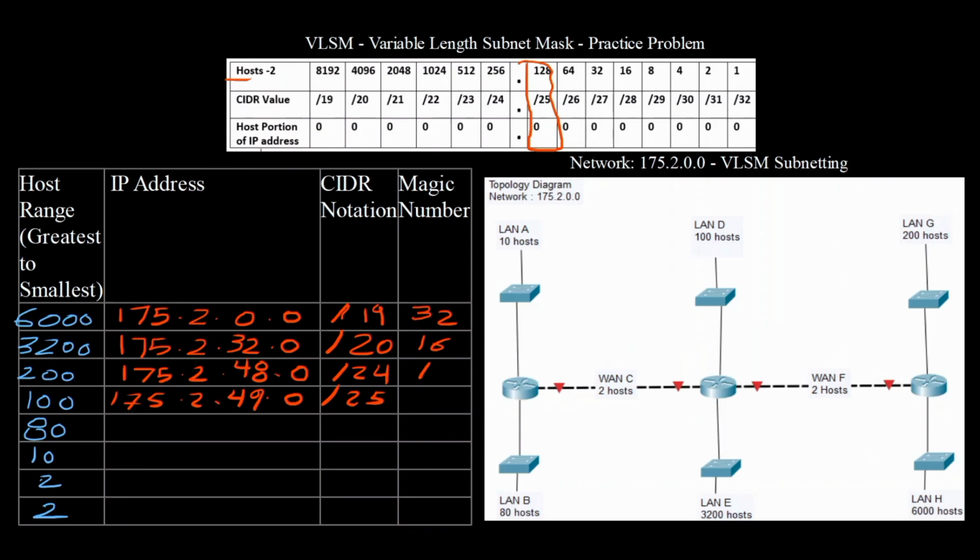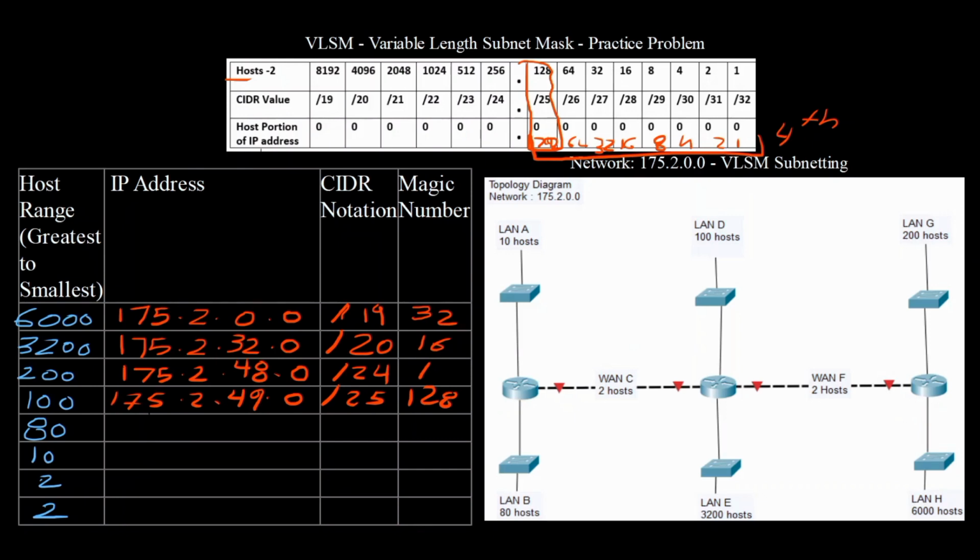Then now we have to determine the magic number. So here we are in the fourth octet. Don't forget that this is the fourth octet starting from /25, and the magic number is 1, 2, 4, 8, 16, 32, 64, 128. So the magic number is 128.